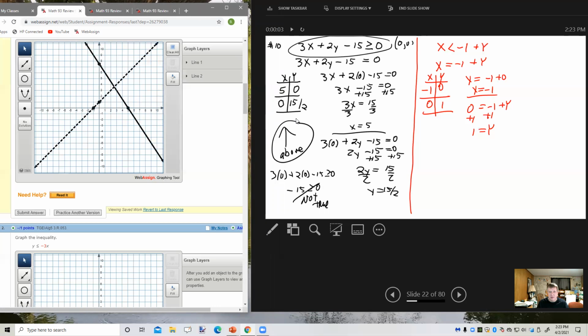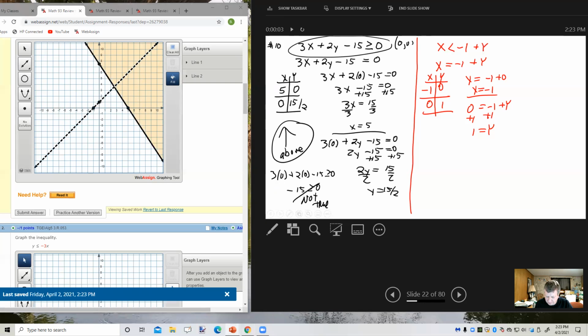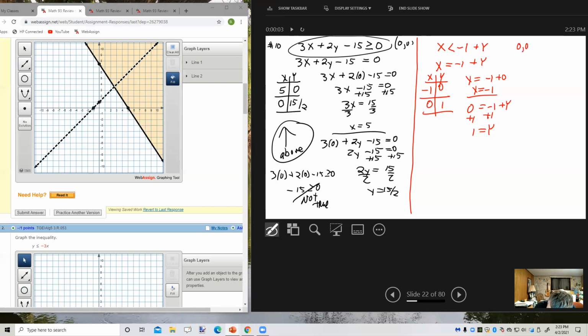Now let's see. For the solid line, the fill was above, wasn't it? Let's see about the dashed line though. I can use 0, 0 for that one as well. I'm going to put 0, 0 into the original inequality. 0 less than -1 plus 0, 0 less than -1.